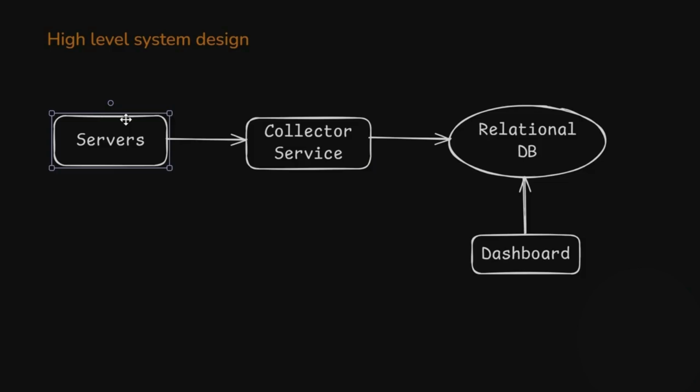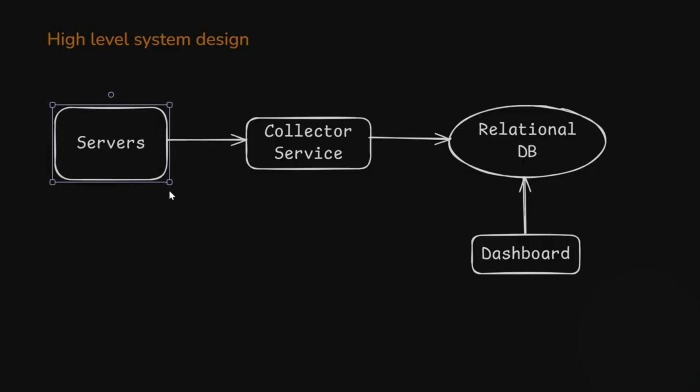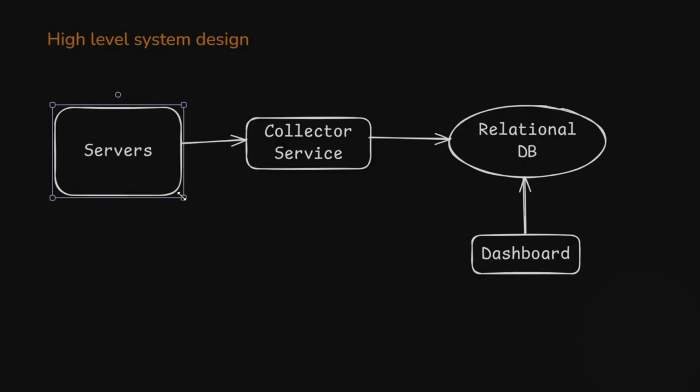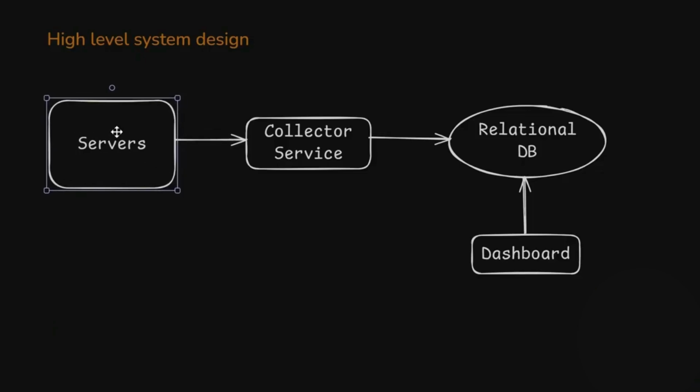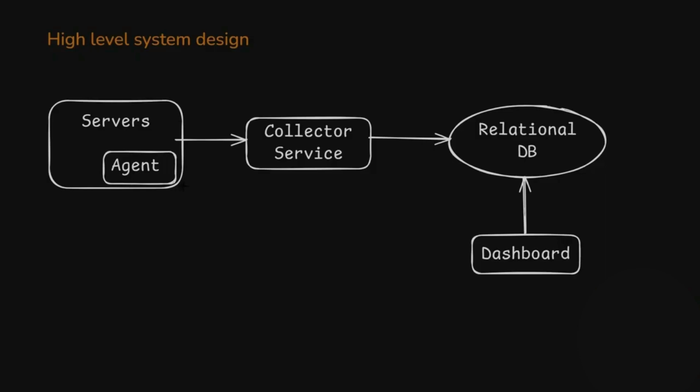For that reason, we would need some kind of service running on these servers which can either push or pull these events to our collector service. So let's say we have a service called agent which is running on these servers in the background all the time, which should help us to either push or pull these events to our collector service.